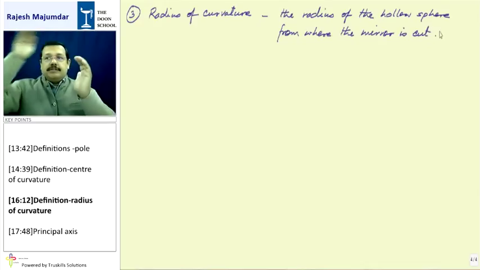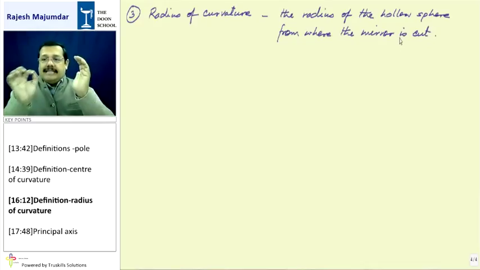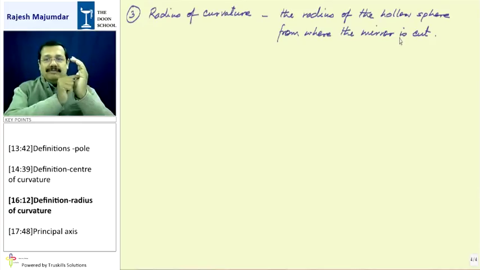So the big sphere has a center, and from the center to the pole, that is the radius of the hollow sphere.